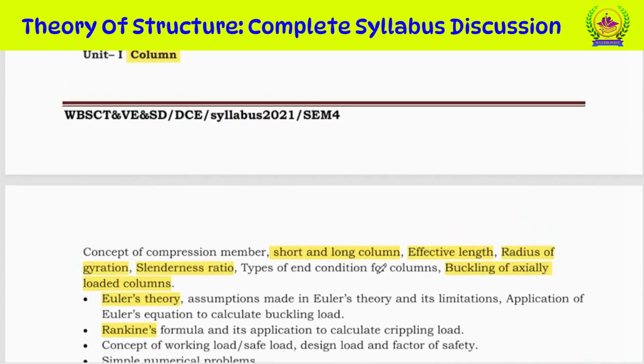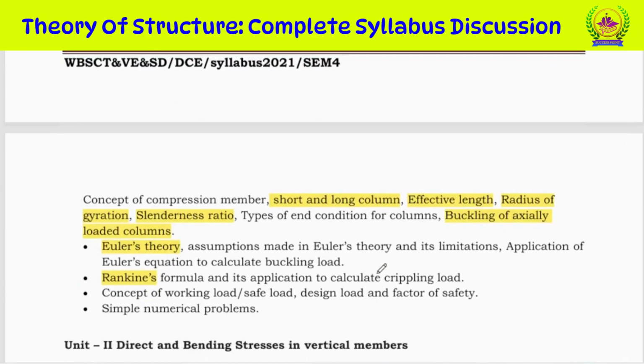So first chapter. In the first chapter we will discuss what a column is, what the definition of a column is, and what the nature of a column is for carrying loads. Based on the slenderness ratio, how many types of columns are classified, what is effective length, what is radius of gyration, what is slenderness ratio, failure criteria of the long column, failure criteria of the short column, what is Euler's theory and what are Euler's assumptions.